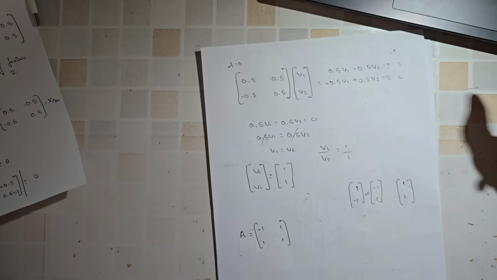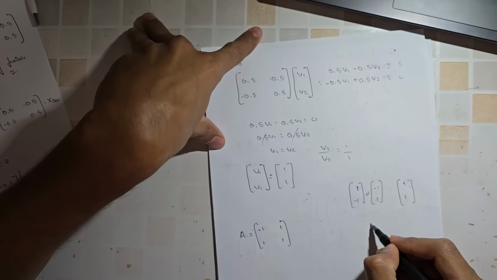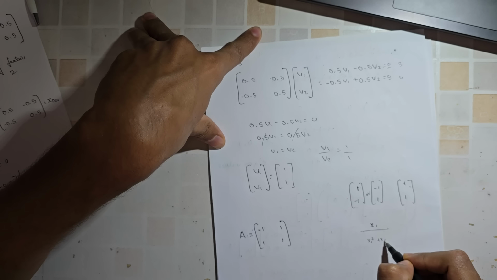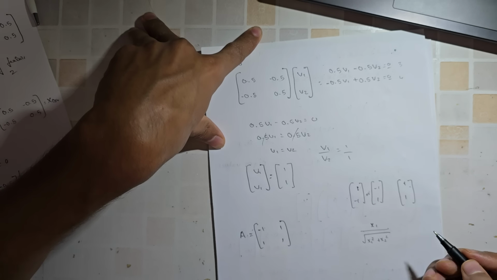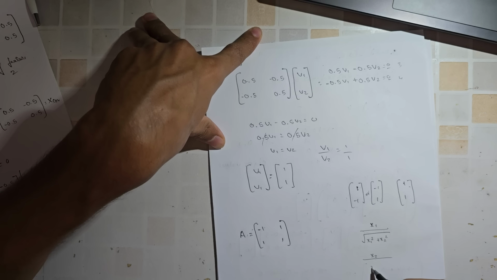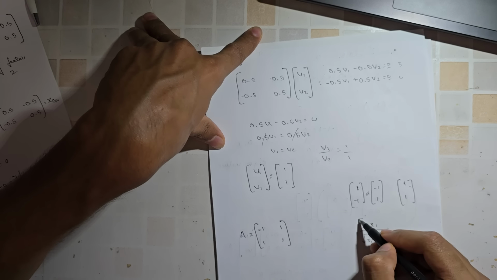Formula is like x1 divided by the square root of x1 square plus x2 square. Same, x2 divided by the square root of x1 square plus x2 square, this whole thing is in the root.